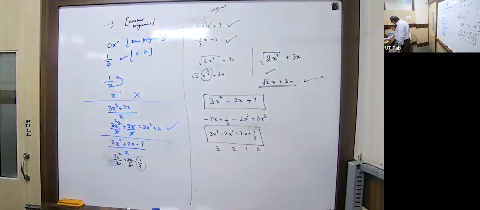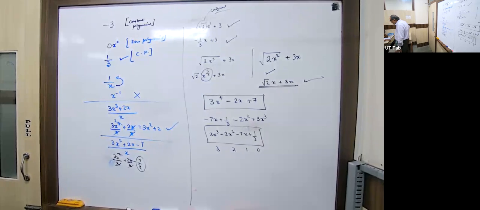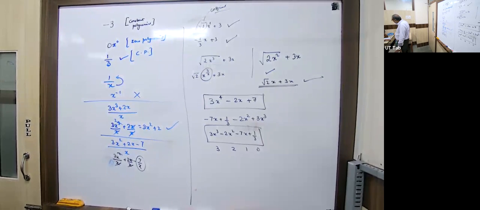If the degree is 2, it will have 2 zeros. If the degree is 1, it will have 1 zero. Whatever the degree of the polynomial, it will have so many zeros. A zero of a polynomial is that value of the variable which makes the resultant value of the polynomial 0. Did you understand? Clear? Okay.